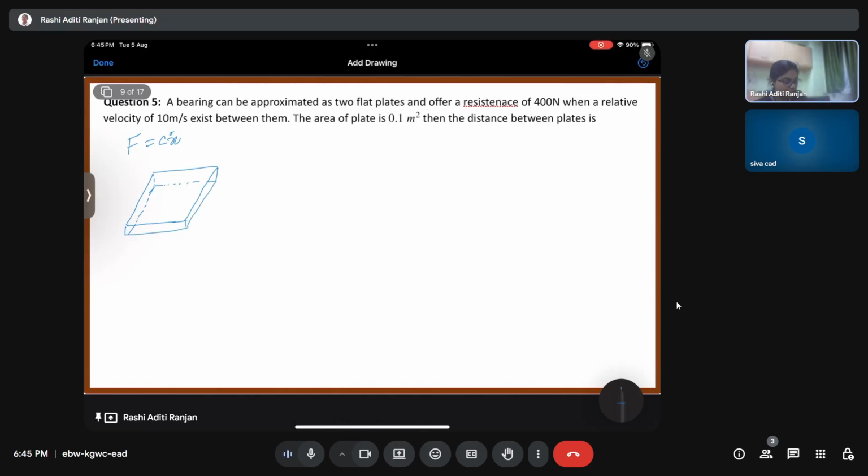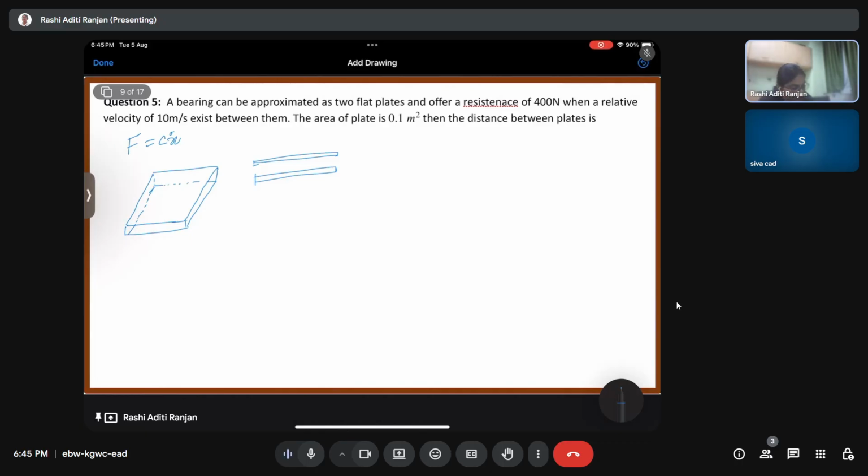Okay, we have two plates, something like this. The question says that a relative velocity of 10 meter per second exists between them.